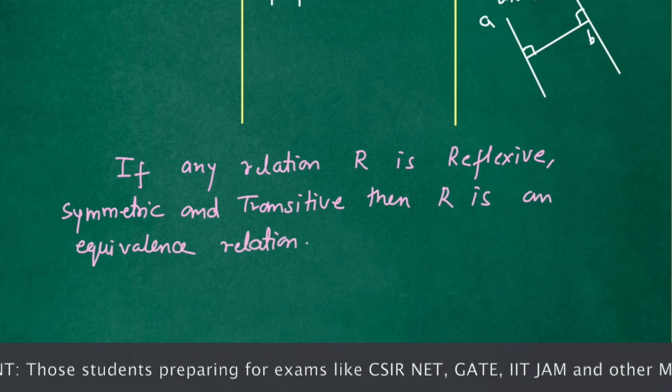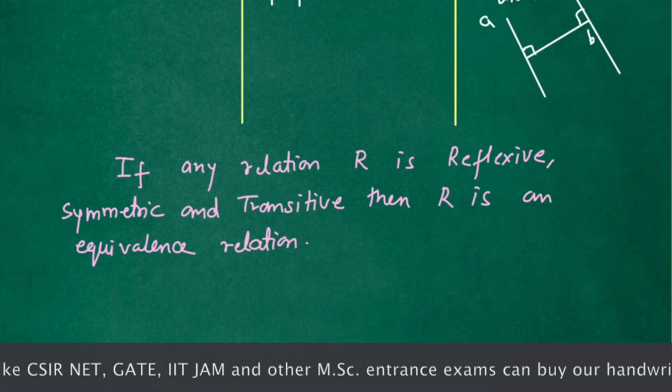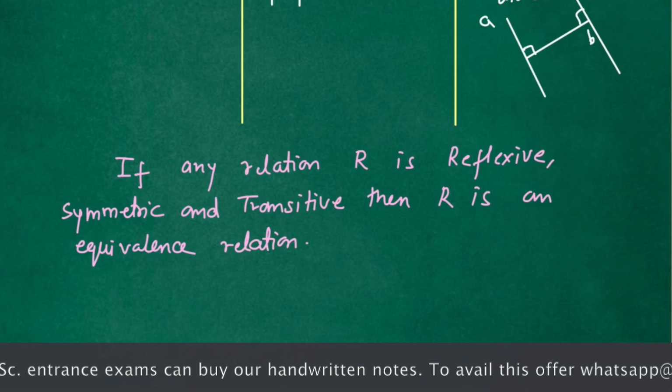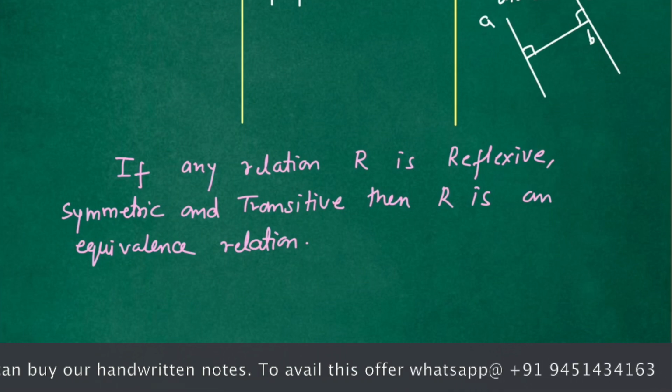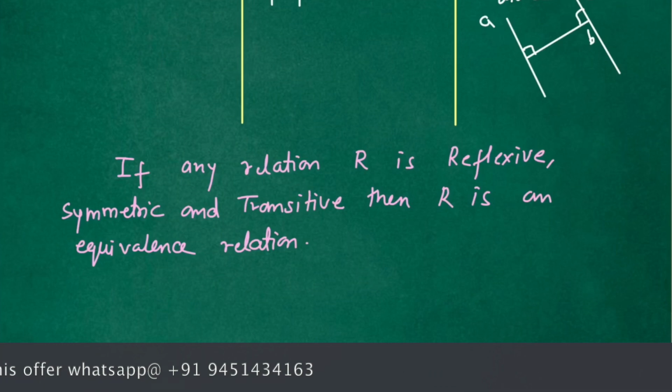This concept of equivalence relation is very important, because if there exists an equivalence relation on a set A, then using the relation we can do the partition of that set. We'll learn more about the partition of set in future upcoming videos.